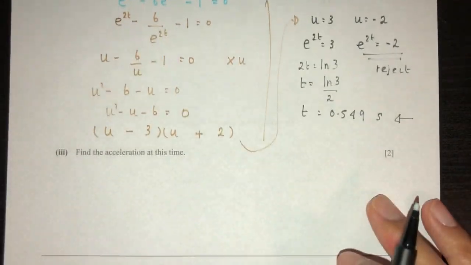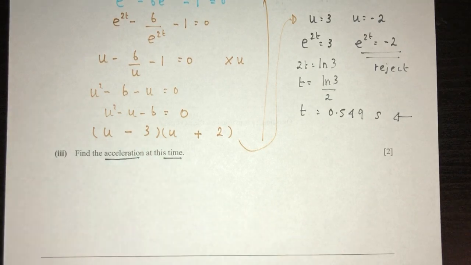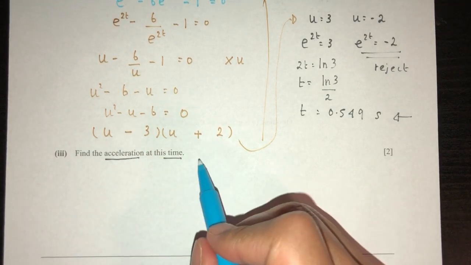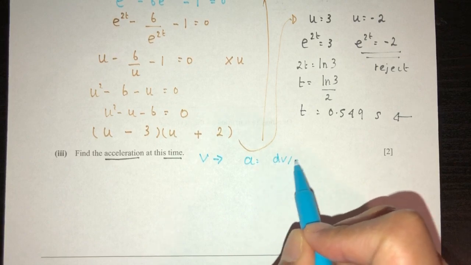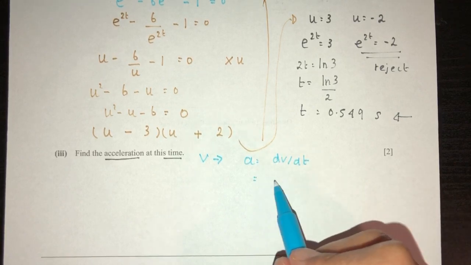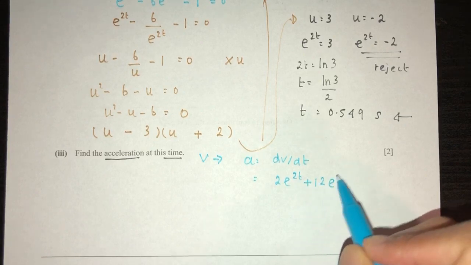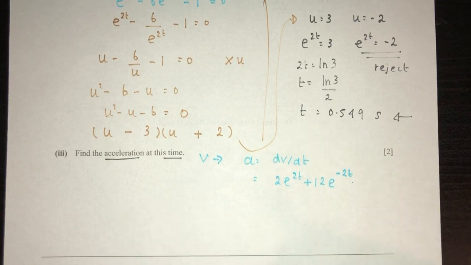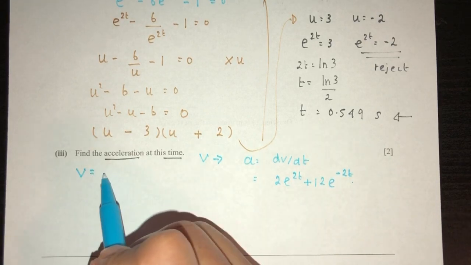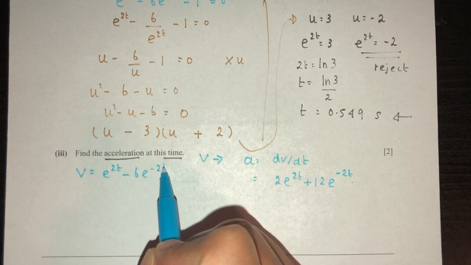Now moving on to part 3 of this question, we have to find the acceleration at this time. To find acceleration from v, a is equal to dv by dt. That will be equal to 2e^(2t) plus 12e^(-2t), and the constant term will be 0. v was given to you by this equation, according to the question.